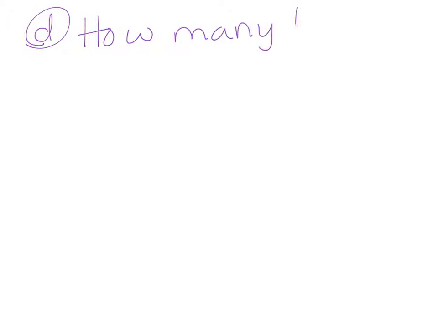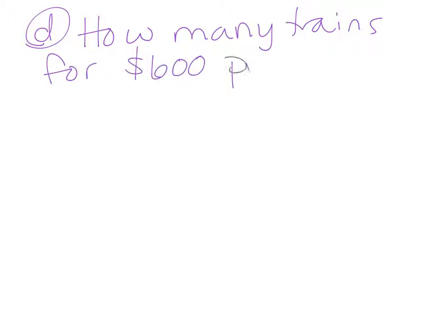There was one more part to that question, Part D. Part D asked how many model trains Richard has to sell to profit $600. Okay, so to do that problem, we can use the equation that we wrote in the previous problem.